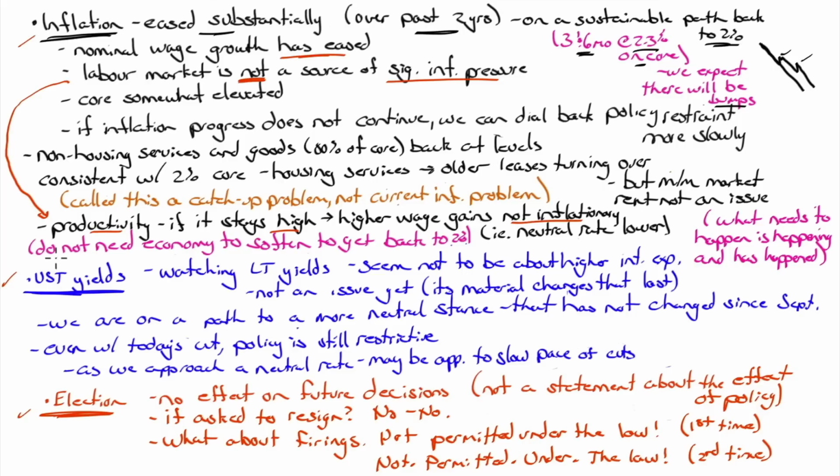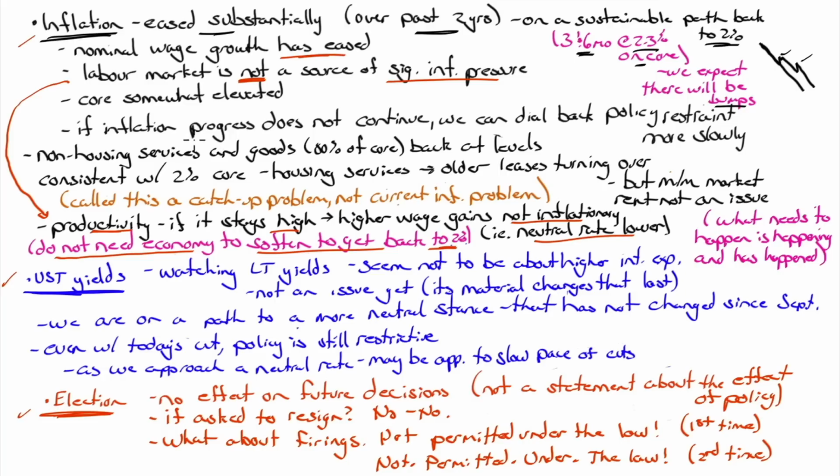And then he said this, we do not need the economy to soften to get back to 2%. That's a big statement. There will be some softening expected, there will be some pain too. We don't need the economy to soften at this point to get back to 2% if we have these levels of productivity. Read another way, that is saying the neutral rate is lower.